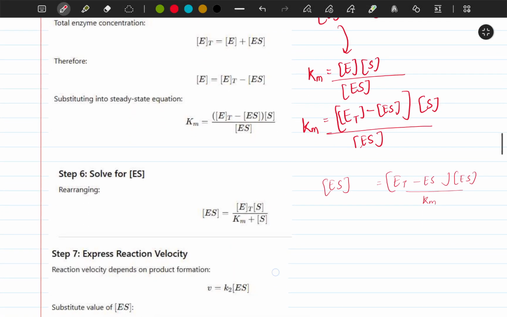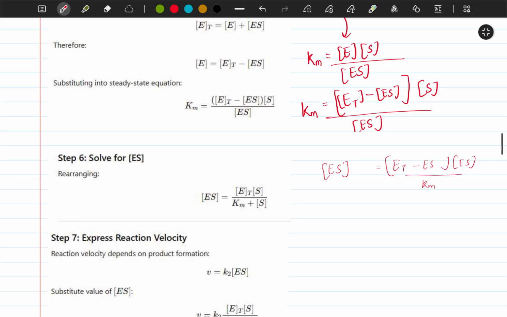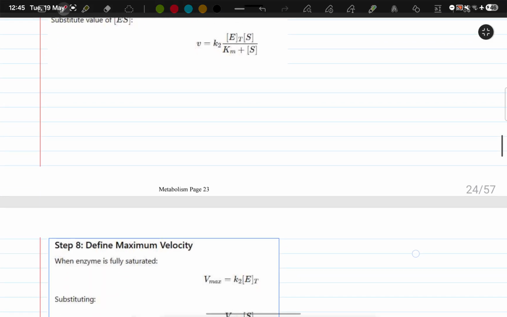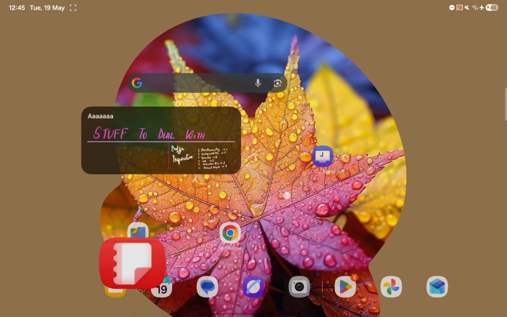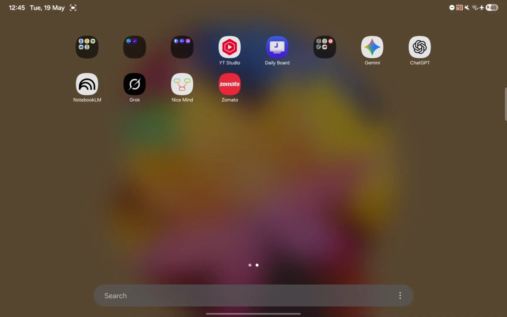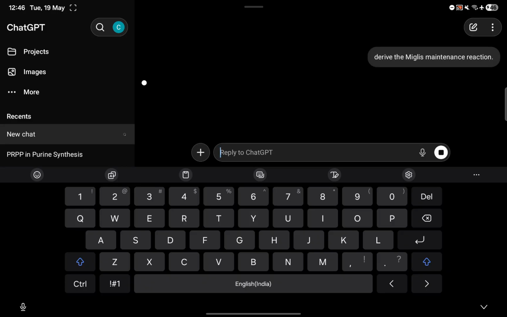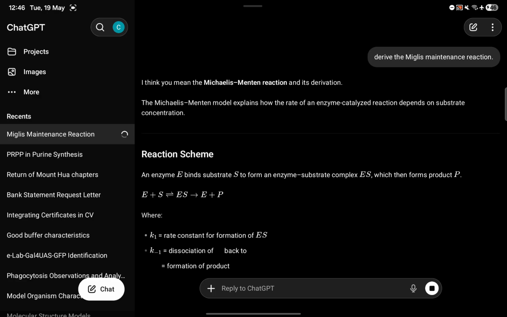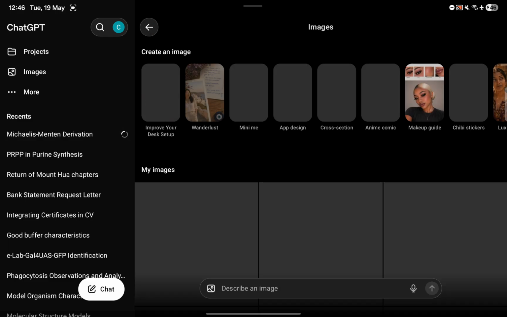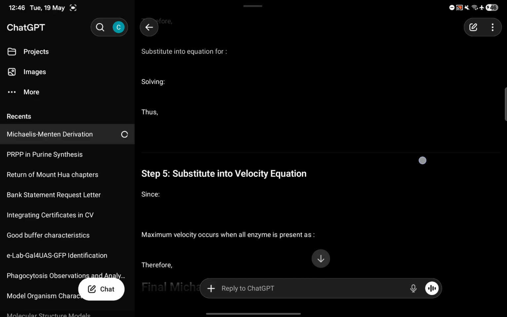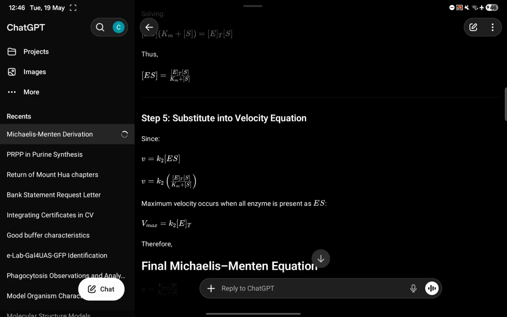Okay, dear ChatGPT, it's your turn. Derive the Michaelis-Menten reaction. What did I just say? Oh god, I'm horrible. Beautiful ChatGPT, beautiful.